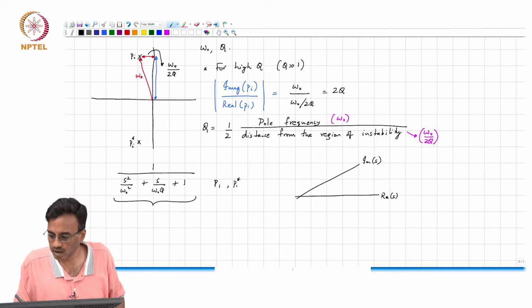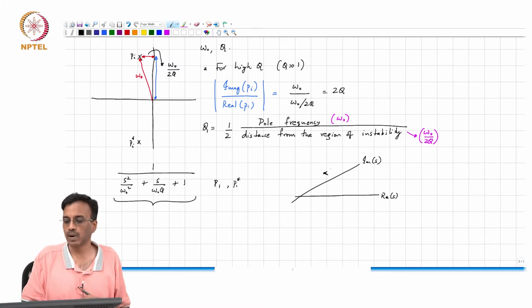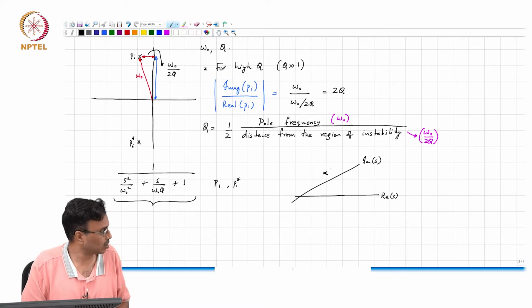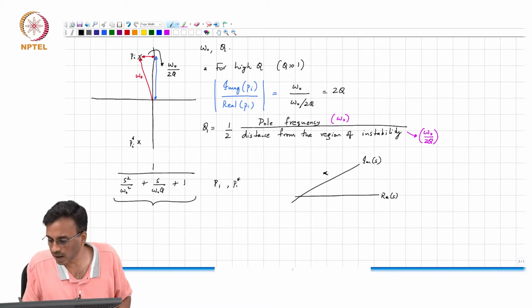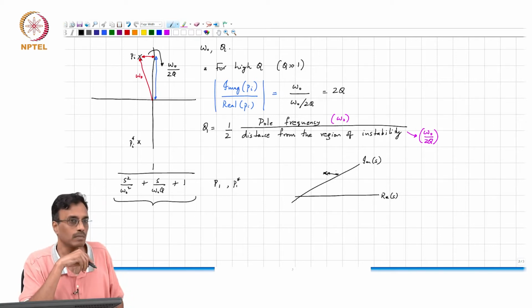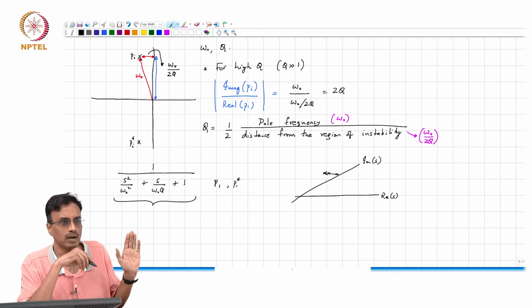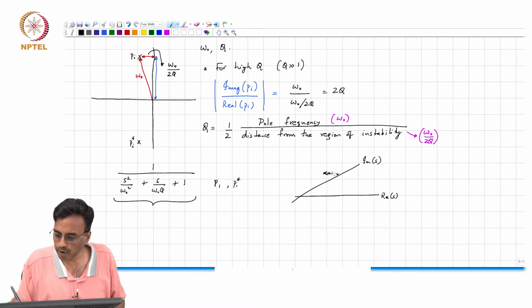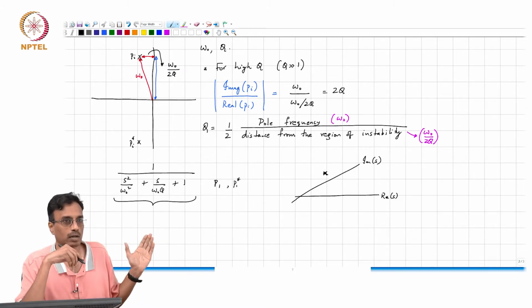And the pole is somewhere on the xy plane. If I draw the pole, that is the pole, and that distance happens to be omega naught by 2Q, and the length of the arrow from the origin to the x is basically omega, correct.